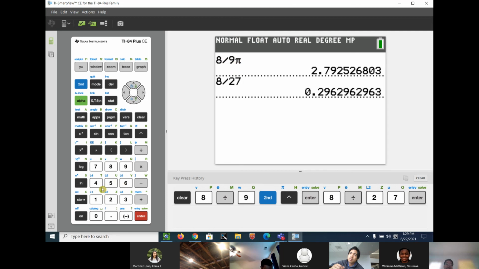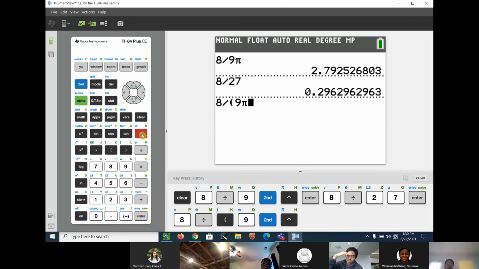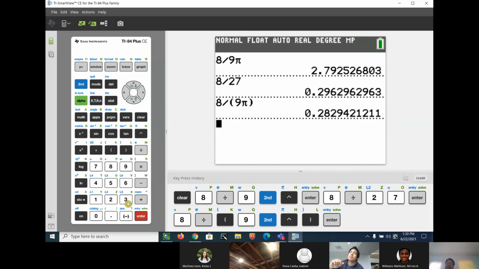Let me do it differently: 8 divided by parentheses 9 pi. There's a prime example of the calculator cannot do what you can do, and that's think. There we go, 0.28. It's 0.29, 0.28, somewhere in there. I said 0.3 and I was doing it in my head, so I guess I was close enough.